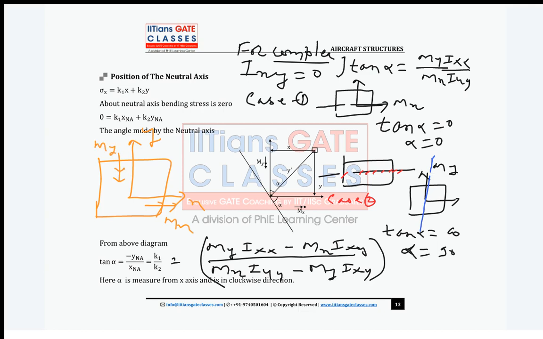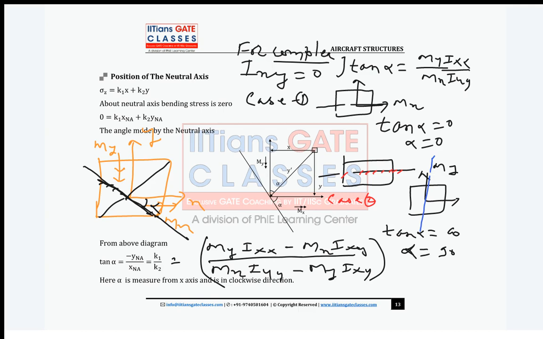So my bending stresses will be zero, in case of complex bending or any simple bending, always about neutral axis. And here we know neutral axis makes some angle alpha. So on this neutral axis your bending stresses will be zero. One side of neutral axis where your bending stresses will be maximum and then minimum, it depends on the distance.